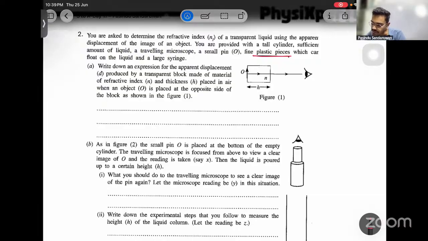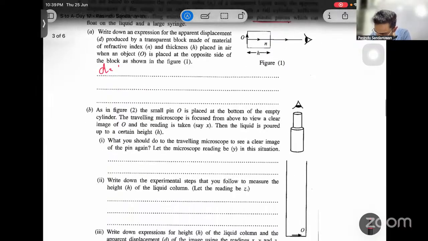Write down an expression for the apparent displacement D produced by a transparent block made of a material of refractive index N and thickness H placed in air when an object O is placed at the opposite side of the block as shown in the figure. Then we know our root D equation for apparent displacement: D equals T, the thickness, times 1 minus N2 over N1.